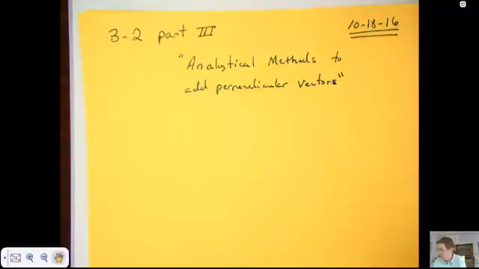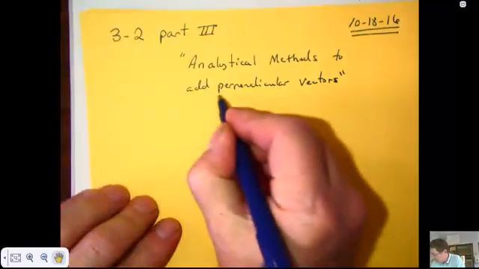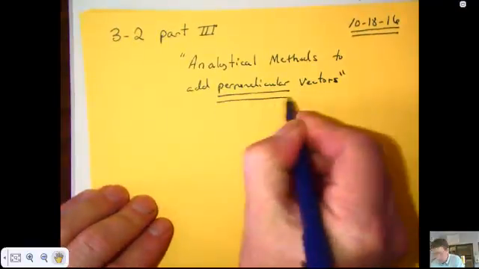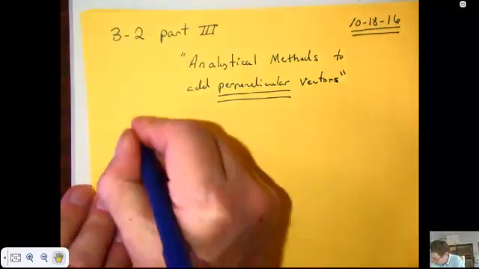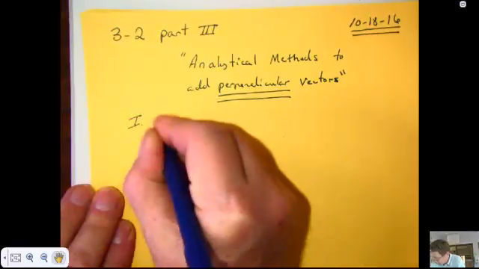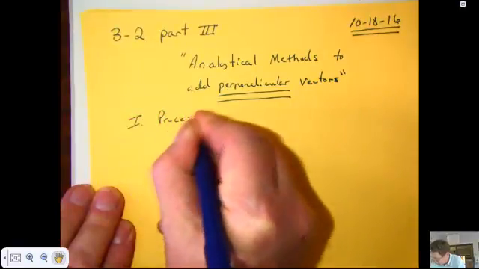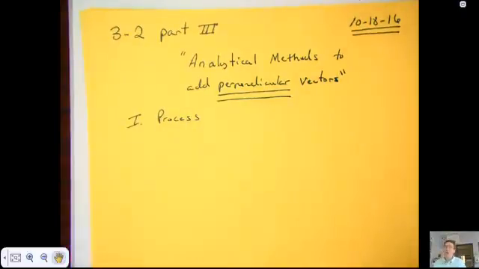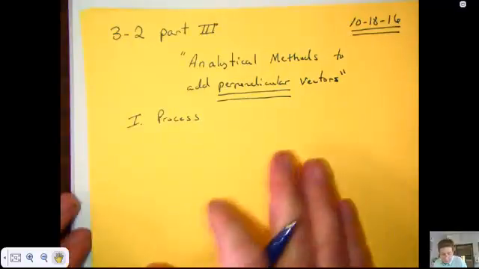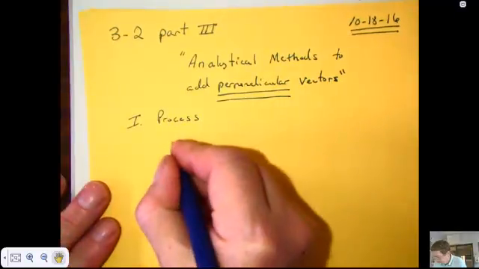Okay, so we're looking just at perpendicular vectors, so that makes it a lot easier. You probably have already guessed the basic process on this, but let's talk about the process. Even though we're not doing this graphically, you still want to sketch out the vectors.